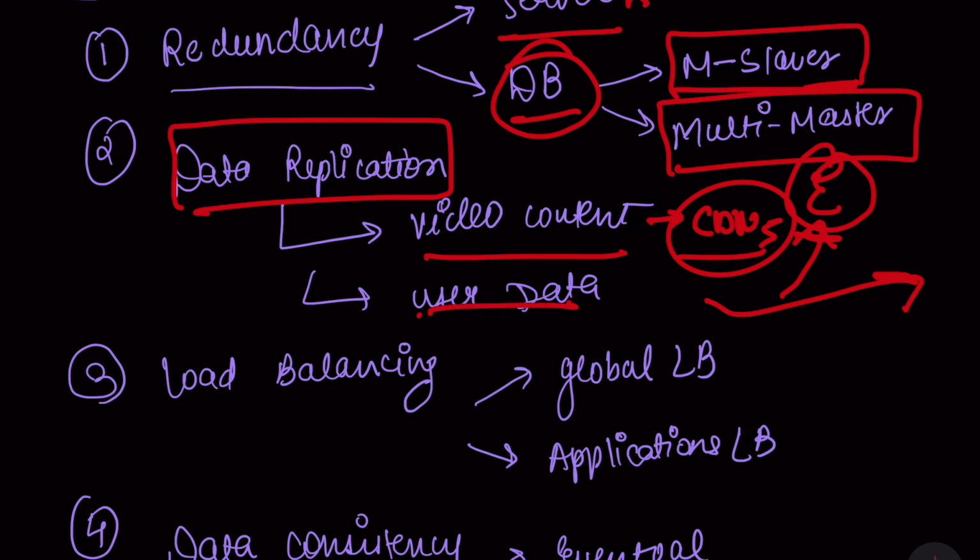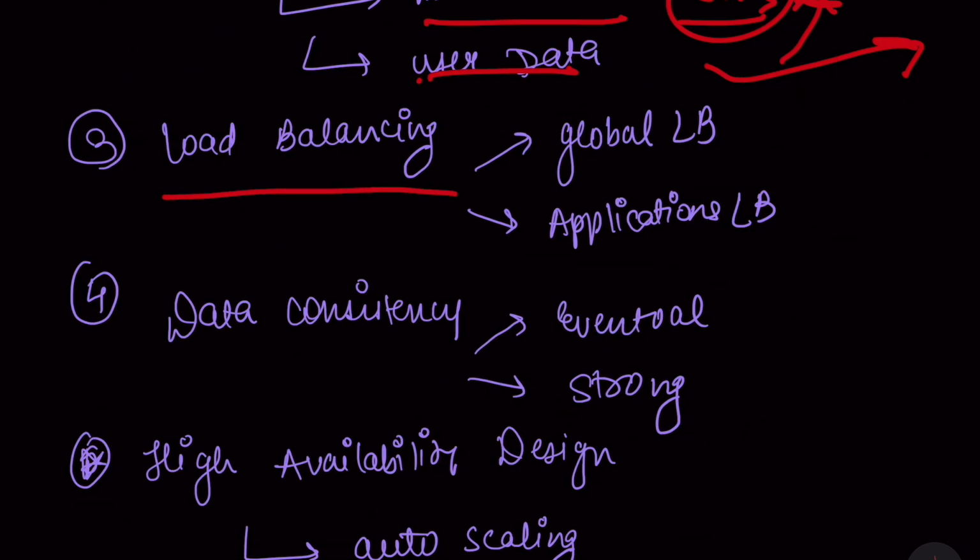Then we have the user data. All the user related data like their watch history or preferences should be replicated into the distributed database. Then we are also going to have load balancing. We can use global load balancers to route the user's request to the nearest available server or data center. Or we can even have an application load balancer.